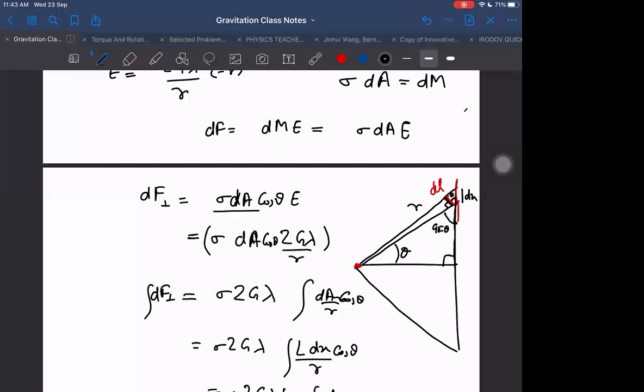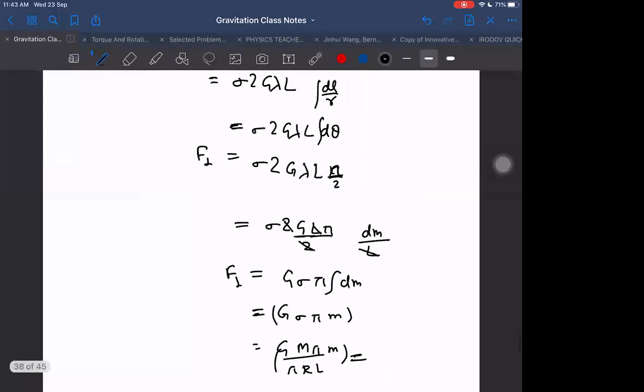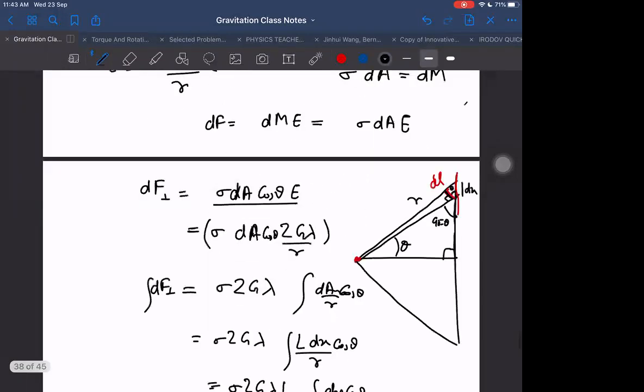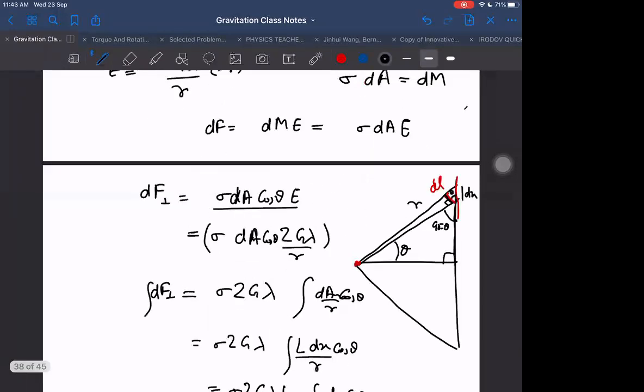Sigma into dA cos theta into E. Sigma is constant only, we can take it out of the integration. At last we can put it in terms of mass, no problem, but in the beginning it is okay. Sigma into dA cos theta into E.